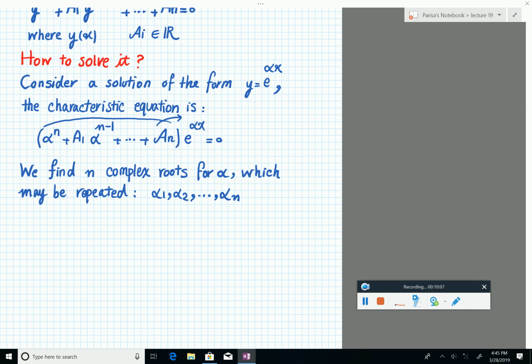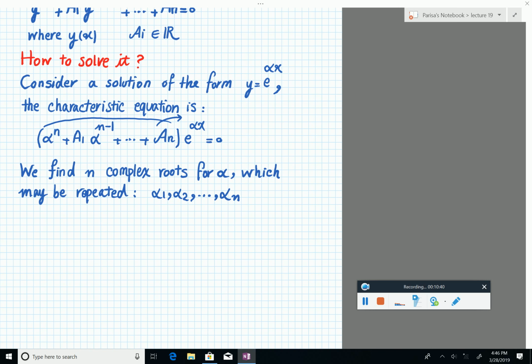So if you don't have any repetition, the general solution, how do you obtain that? Do you remember? It's the simplest case. If all the roots are distinct, then how do you form the general solution? Linear combination. Exactly, a linear combination of everything. So you have a constant times each root and you sum them up. But things become a little bit tricky if you have multiplicity.